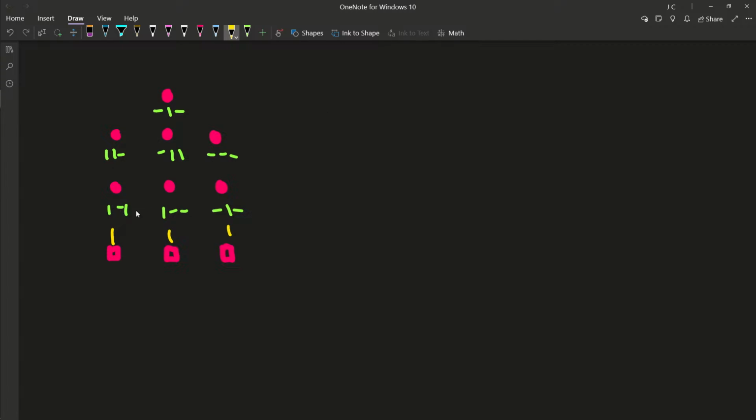This one has 2 1s. This has 2 1s, so it agrees. So that's gonna be a 1. This is gonna be a negative, because it only agrees on 1 index. This is also gonna be a negative.